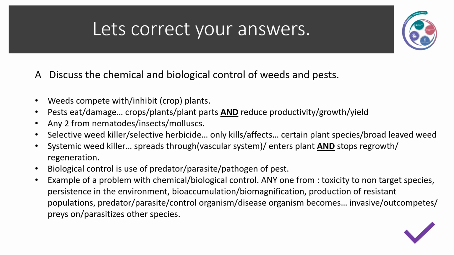Any forward slash shows alternative words you can use. So for example, the first sentence says weeds compete with / inhibit crop plants. You could have the term compete with, or you could have the term inhibit. You can only be awarded a maximum of 4 marks, even if you have scored more. But remember, in the exam, write as much as you know, not only 4 marks, and then stop.